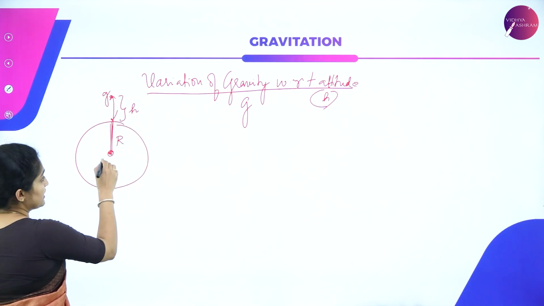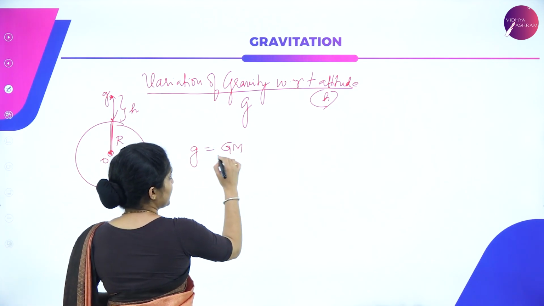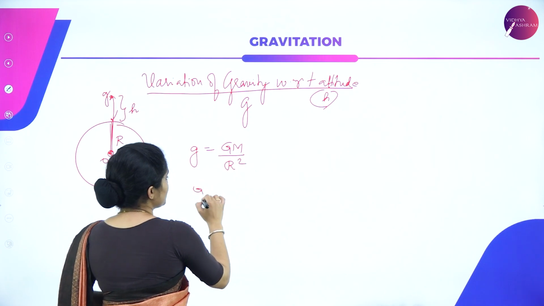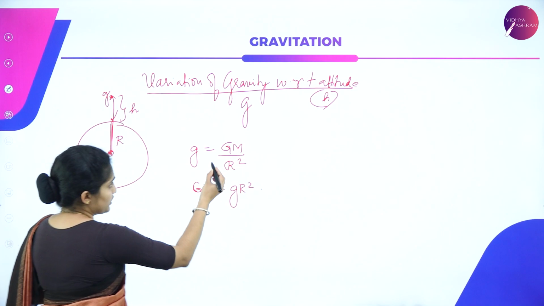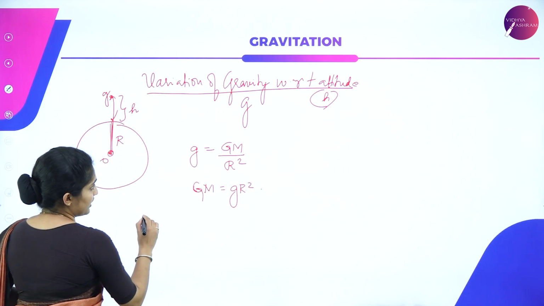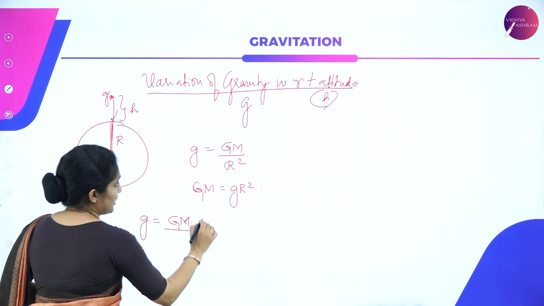Then we have g is equal to GM divided by r square. So GM is nothing but equal to g r square.